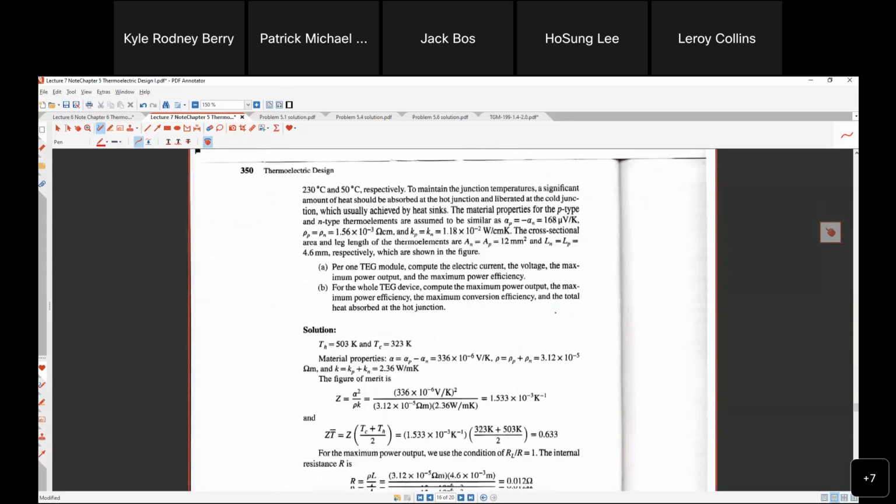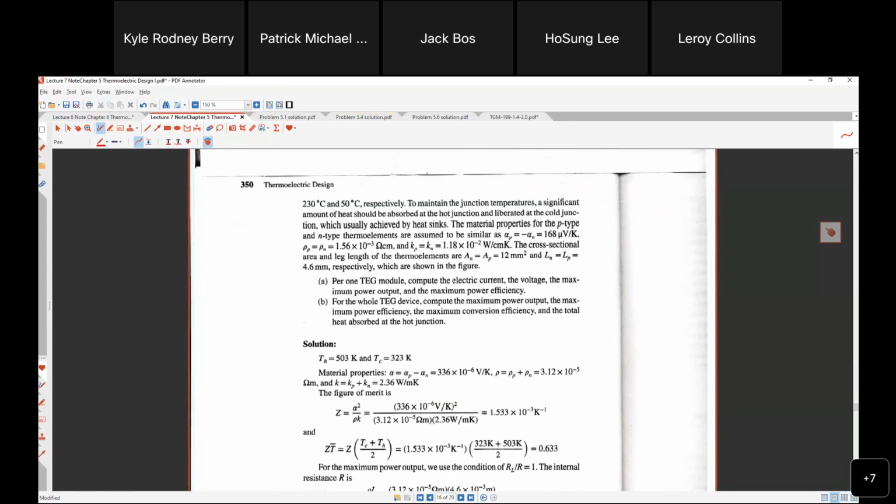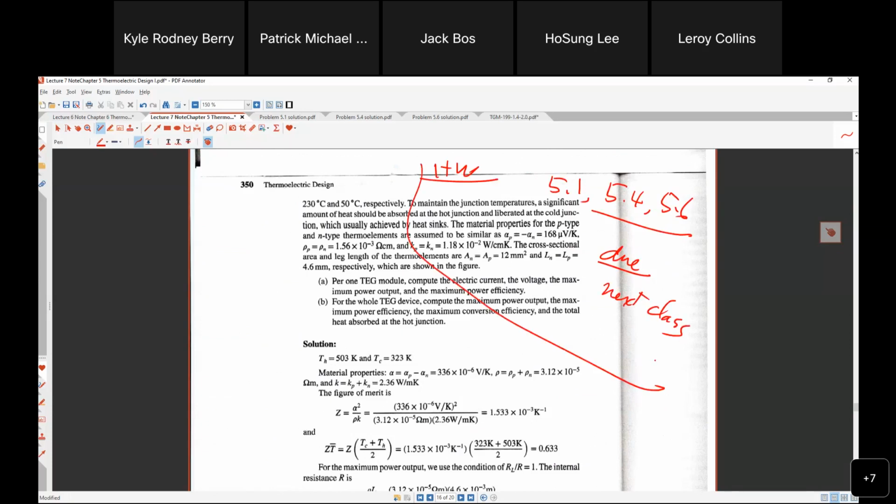Once you have the concept, and homework: I think 5.1, 5.4, 5.6, due next week, next class. I'm done. You have to go over the example problems, read, practice, and do homework. Any questions?